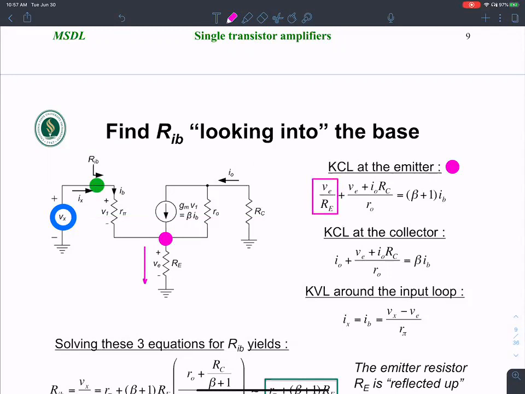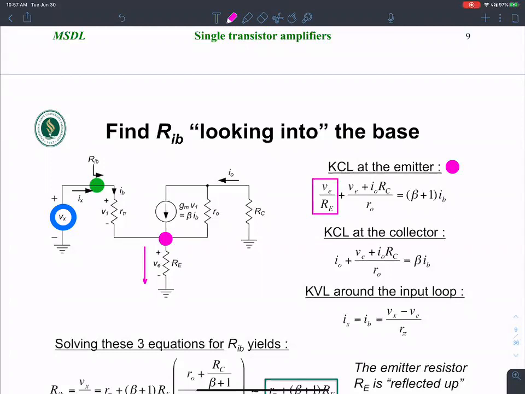The voltage dropped across the resistance, VE over the resistance RE, gives me that current. That's the current leaving this node.